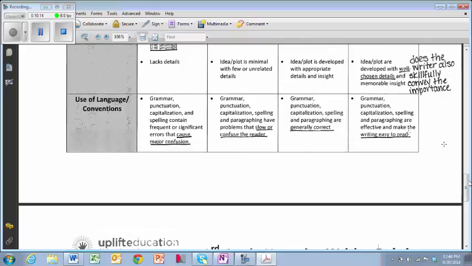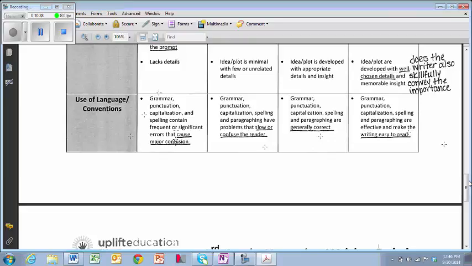So first you're going to determine how were they with their grammar, punctuation, spelling, capitalization, and paragraphs, and I underline the things that would really help you here. Does it cause confusion? So are you really confused by what words mean because they are misspelled so poorly? Or were there zero punctuation marks, zero sentence boundaries, and one big long run-on sentence?